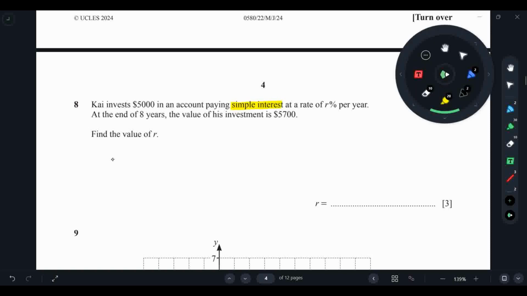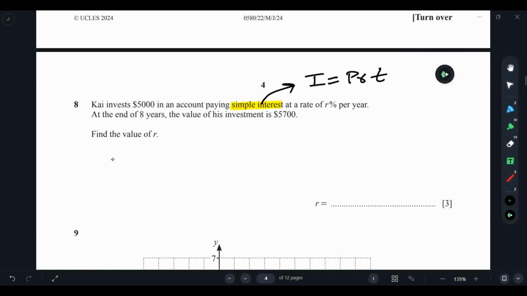The formula for simple interest is I equals PRT, where I is the interest amount, P is the principal amount, R is the interest rate, which we need to divide by 100 because we cannot multiply a percentage with a number, and T is the time duration. At the end of 8 years, the value of his investment is $5,700. We need to find out the value of R.